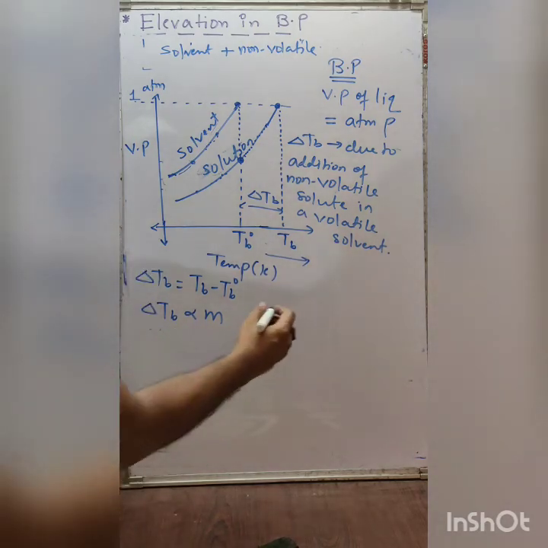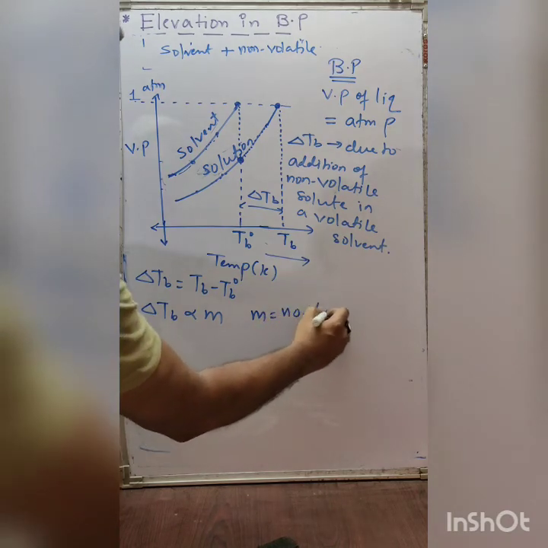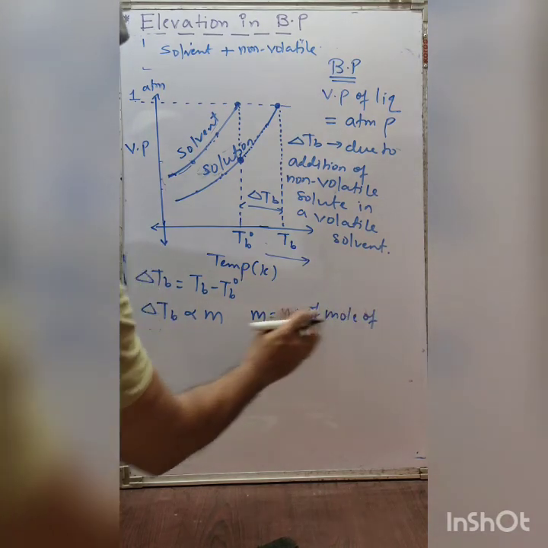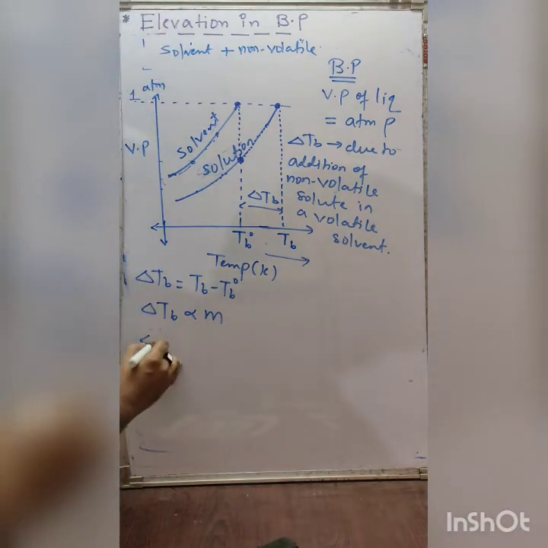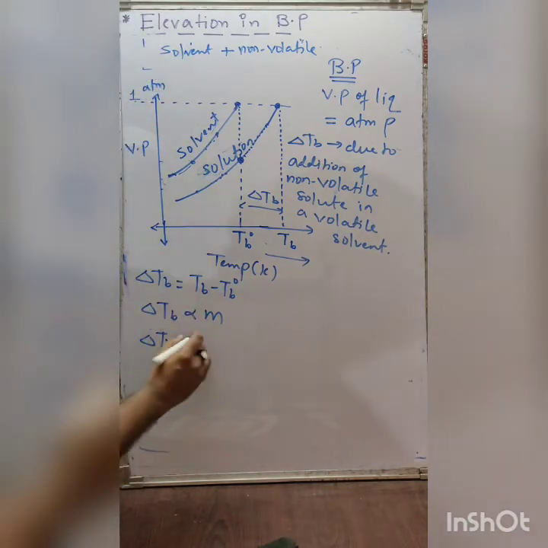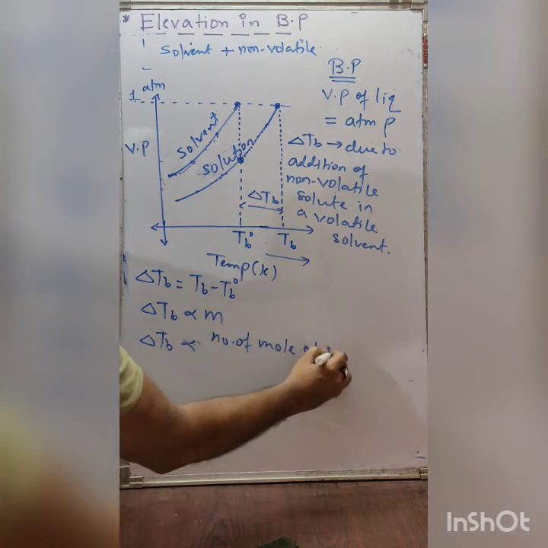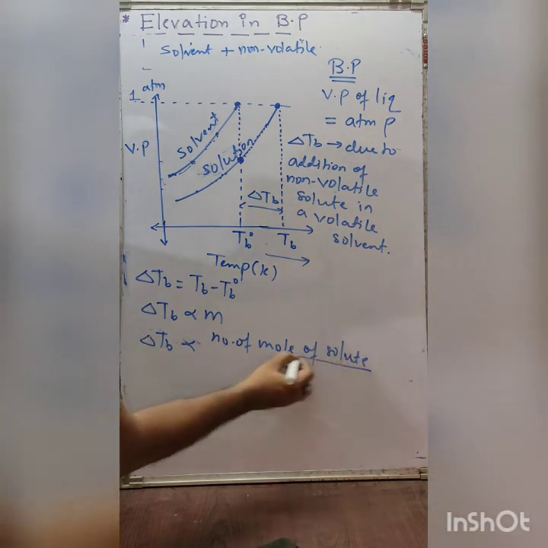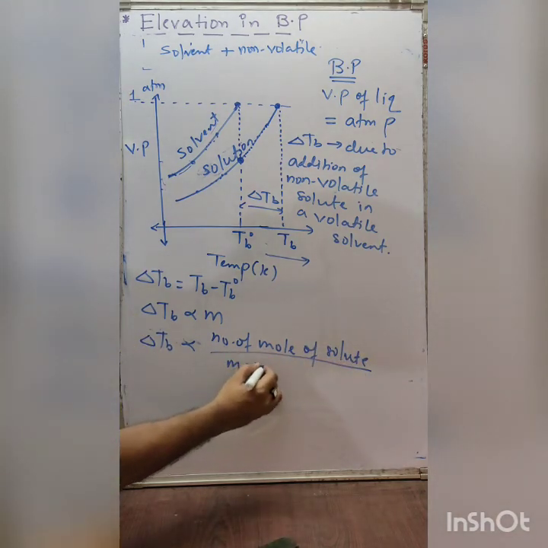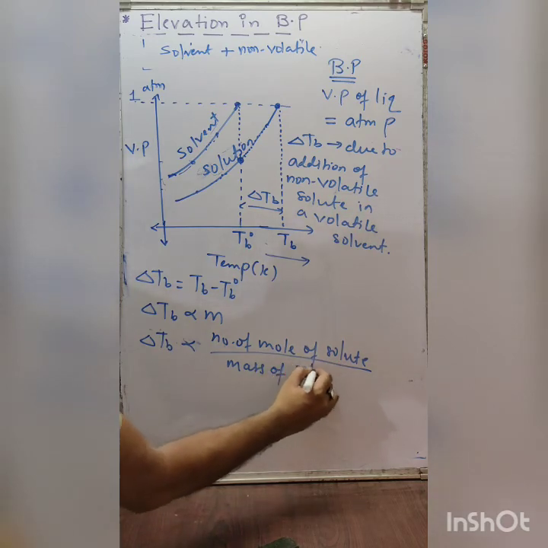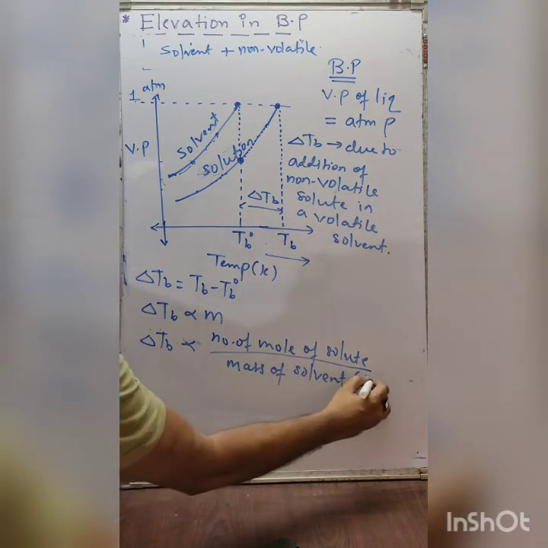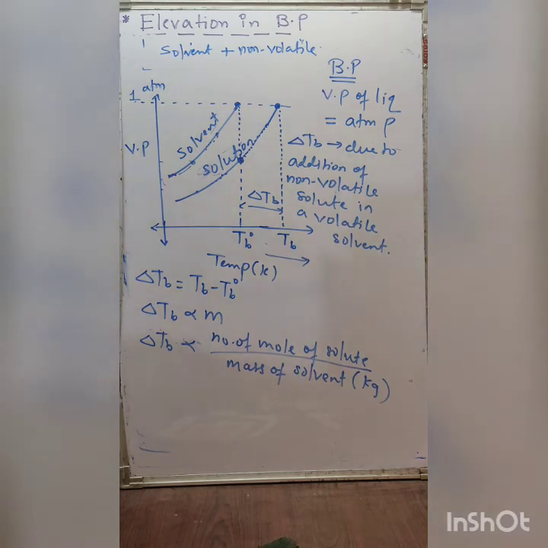Molality is defined as the number of moles of solute upon mass of solvent in kg. Yes, the molality term we discussed: number of moles of solute upon mass of solvent in kg.